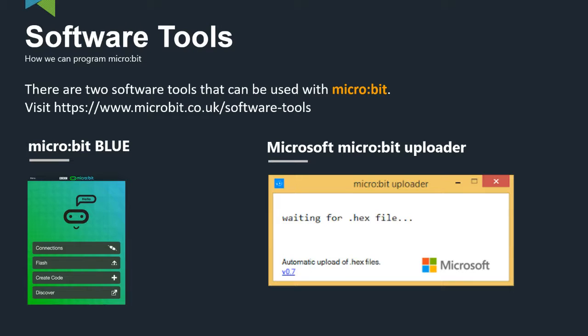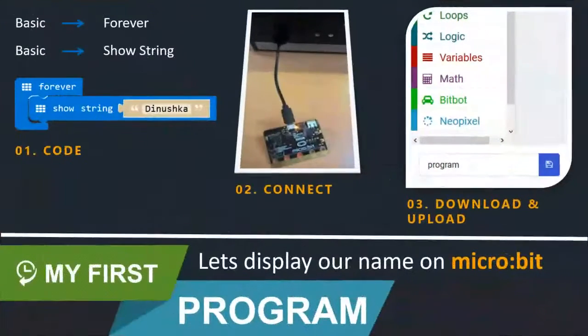And Microsoft Microbit Uploader is used on desktop computers or laptops or other things other than mobile phones or PDAs. Then you have to connect the microbit with a USB cable and upload your code. Okay, moving on to the next one.